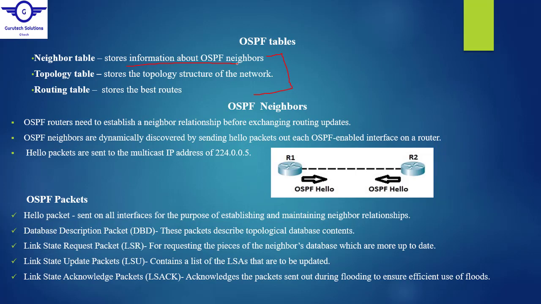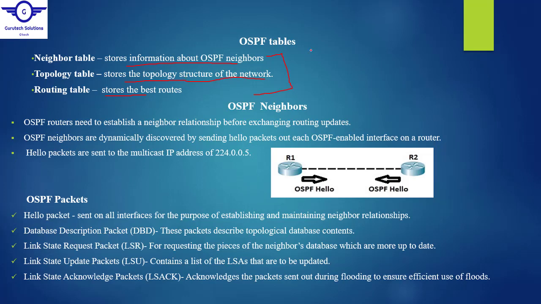The topology table stores the topology structure of the entire network. Finally, the routing table stores the best routes. Very simple.